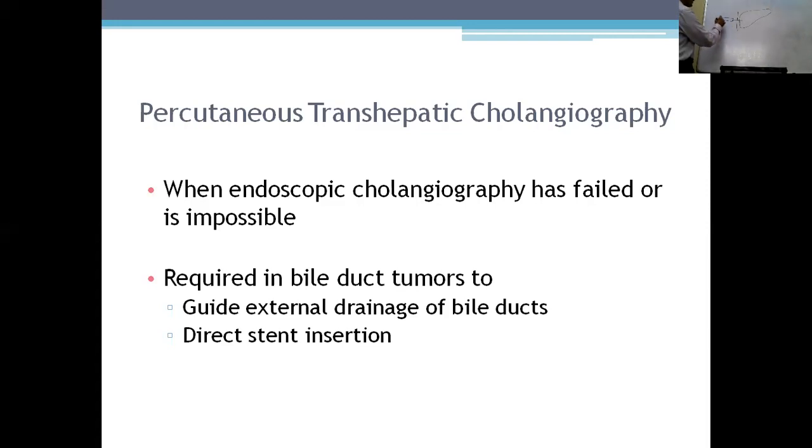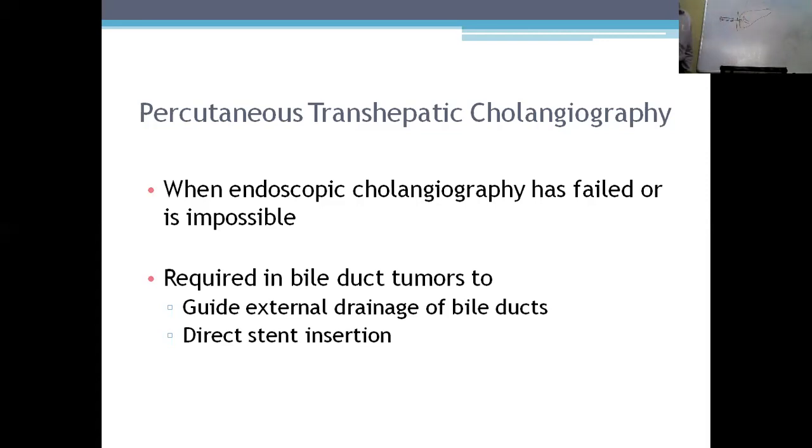If you want to puncture the bile duct without injuring the vessels, and also to strike that bile duct, it needs to be dilated.